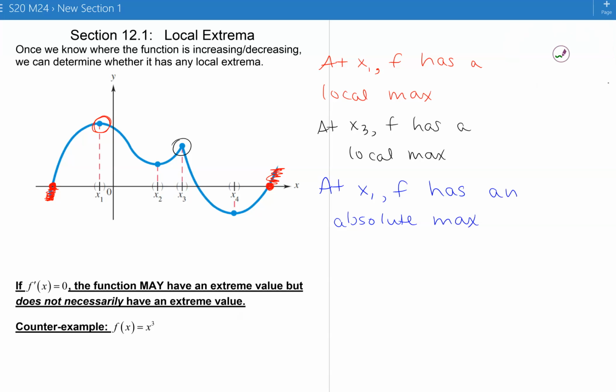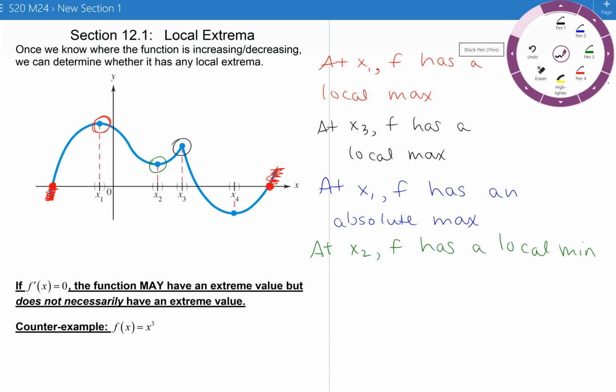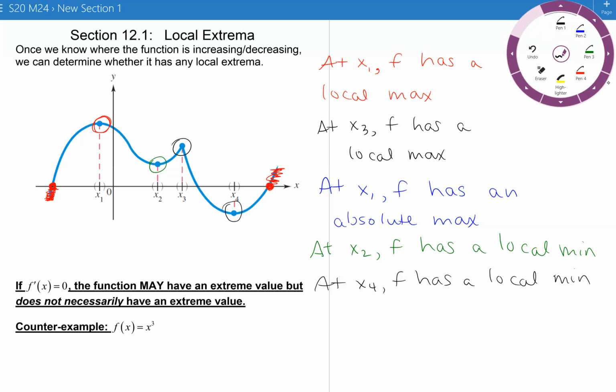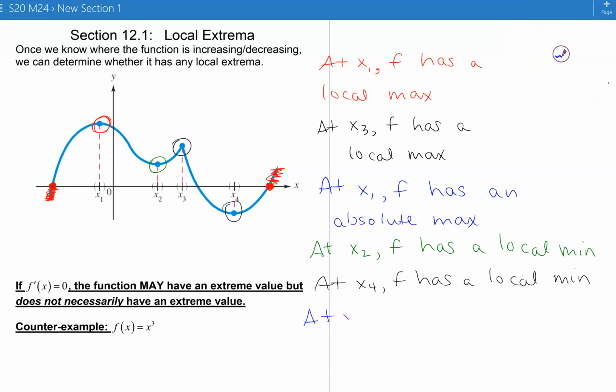So then we can also say the opposites, where at x2, f has a local min. And at x4, f has a local min. And then at x4, we could also say f has an absolute min.